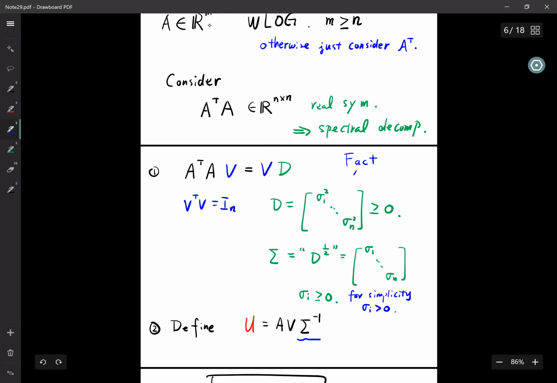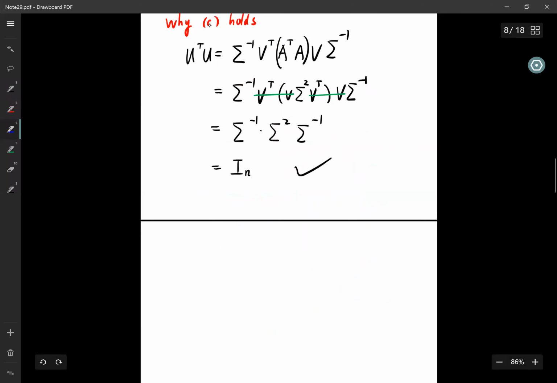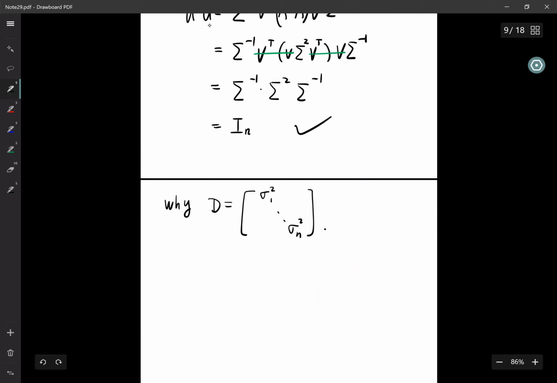That's a good question, so let me explain this fact a little bit. It is actually a little related to something we didn't talk about, called the quadratic form.